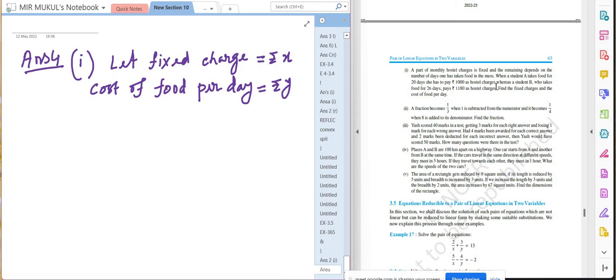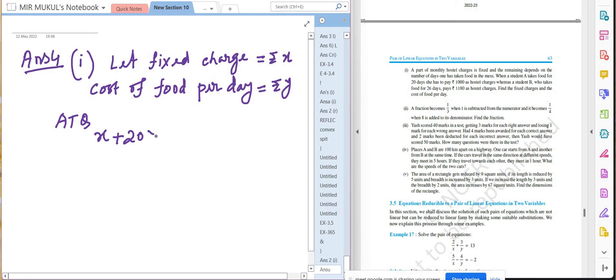Now make the equation. If she is taking 20 days, according to the question, x plus 20y equals how much? 1000.